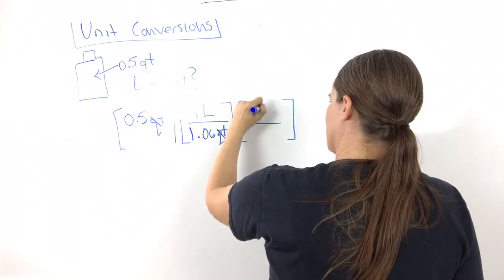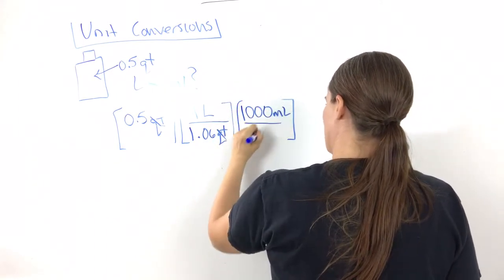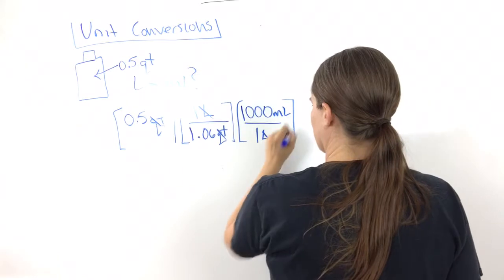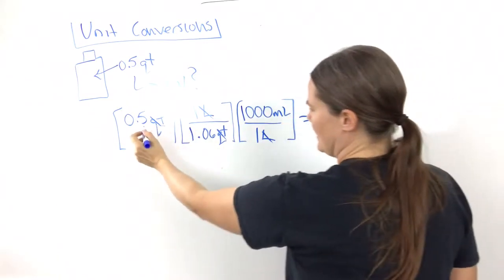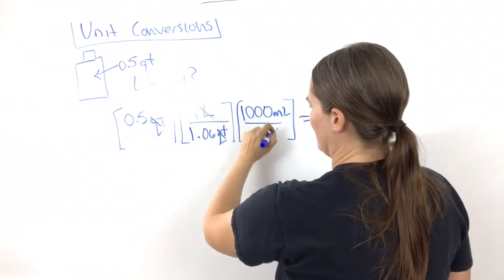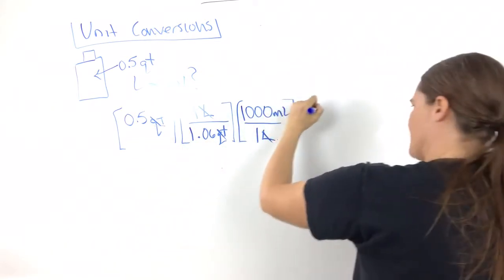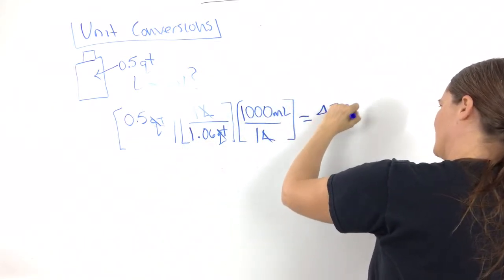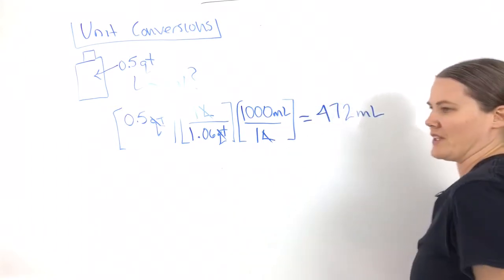So there's 1,000 milliliters in 1 liter. The liters cancel. So if I go through this math, I'm going to end up with 0.5 quart in milliliters. And this equals 472 milliliters.